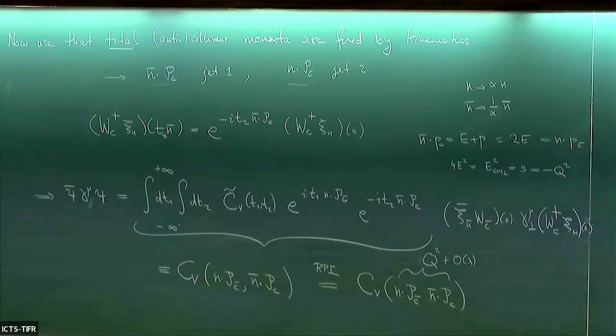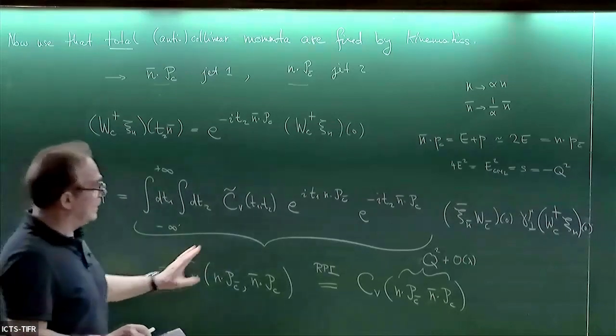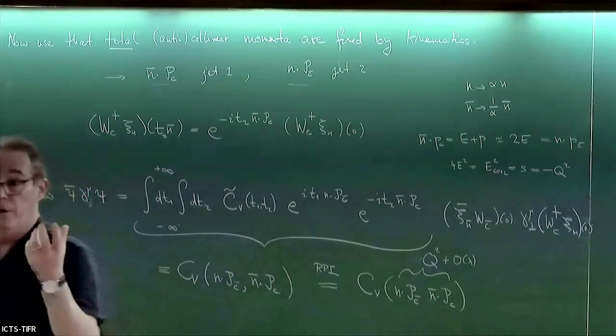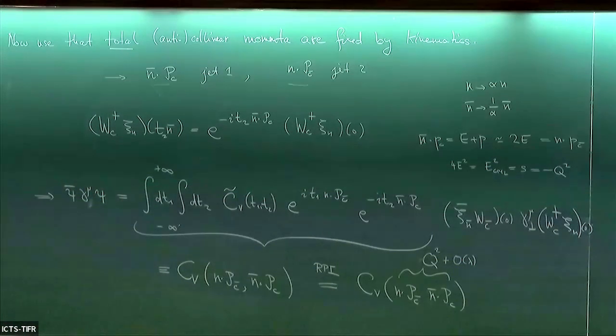And then using this simple trick that we know the total momentum carried by each set, the effect of all of these non-localities can be removed by using shift invariance, and they lead at the end of the day to a Wilson coefficient, which is a function of a single variable, which happens to be Q squared.